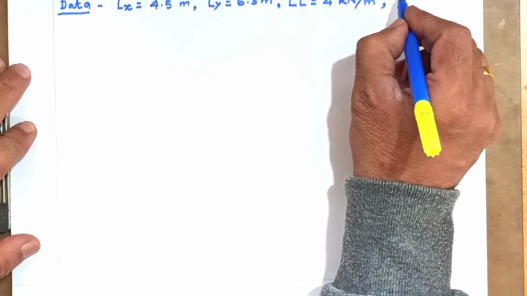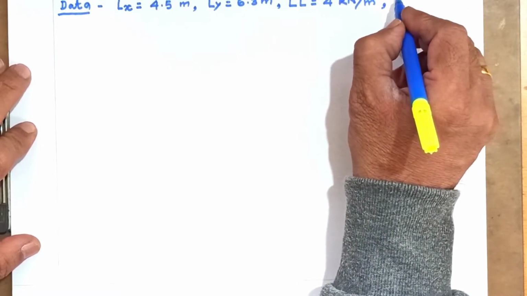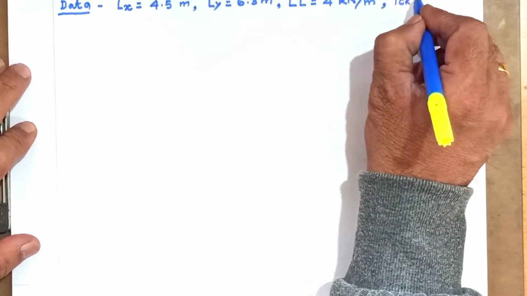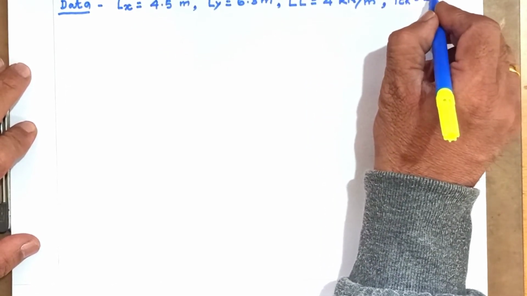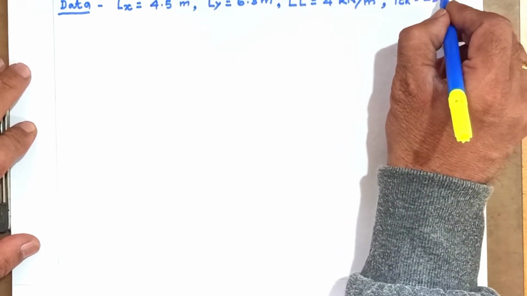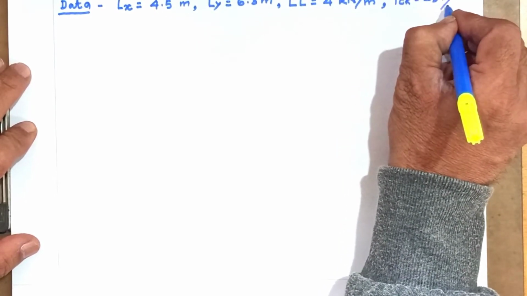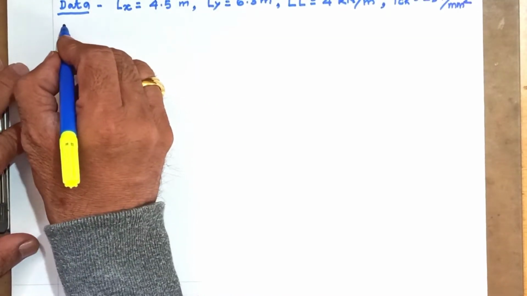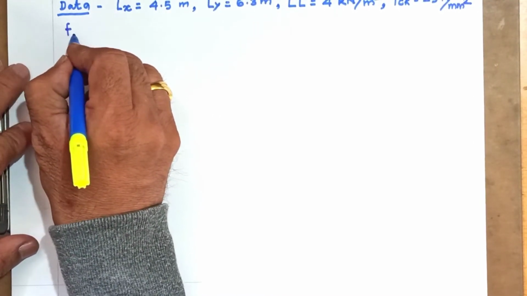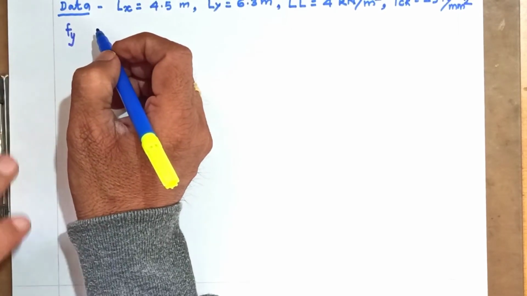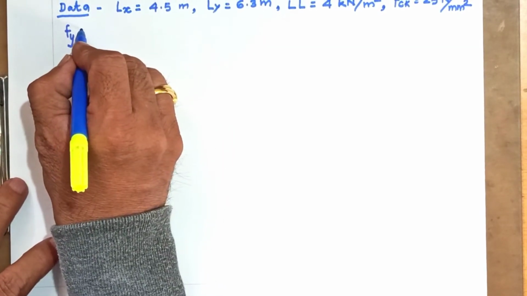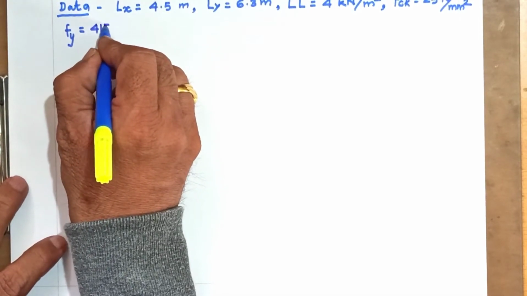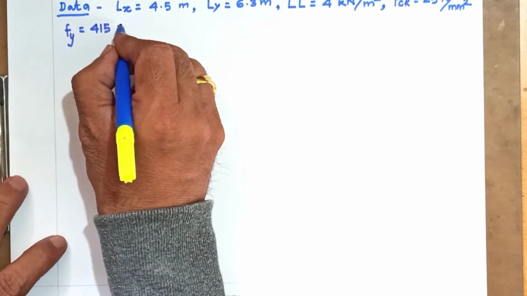The grade of concrete is M25, therefore fck is equal to 25 Newton per mm square as usual. Fy is also given. Grade of steel is Fe415, therefore fy is equal to 415 Newton per mm square.